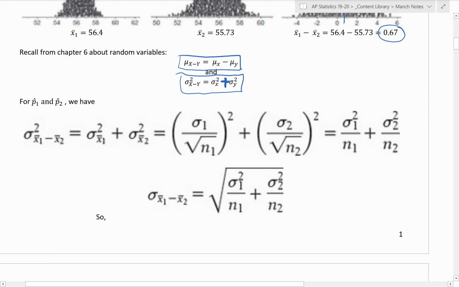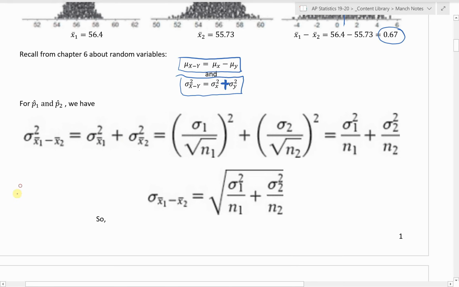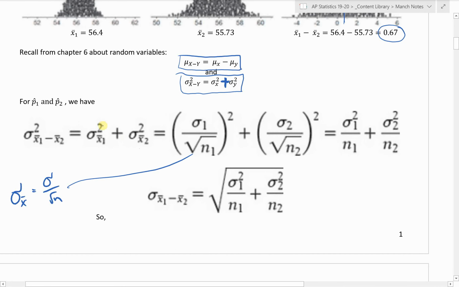But if you remember, the standard deviation for a sample mean was equal to the standard deviation divided by the square root of n. And that's what we're seeing happening in here, right? So when we want to talk about the variance of the first sample mean plus the variance of the second sample mean, we'll take the standard deviation of the first sample mean, square it, and then add the standard deviation of the second sample mean and square it.